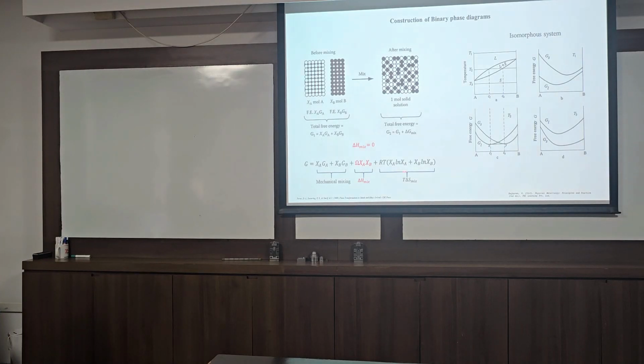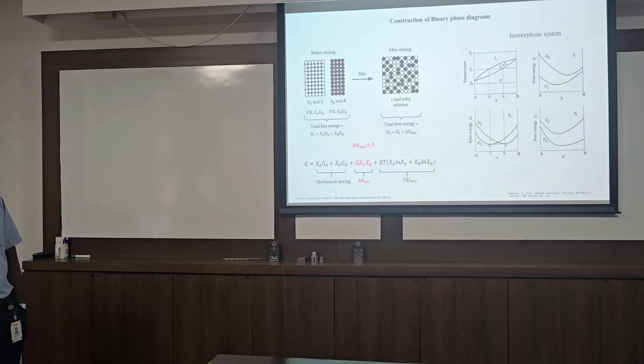This is just a mixing of two atoms. We are not heating it to a high temperature or anything to account for the thermal entropy. So when you see this, most of them are functions of mole fraction, the composition. That is why you see this parabolic nature, not exactly parabolic, but kind of parabolic.